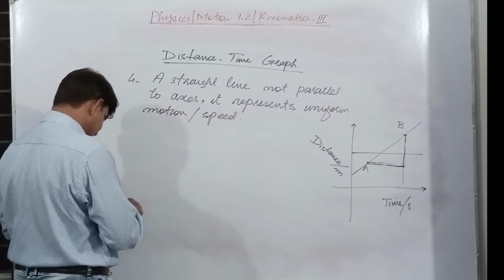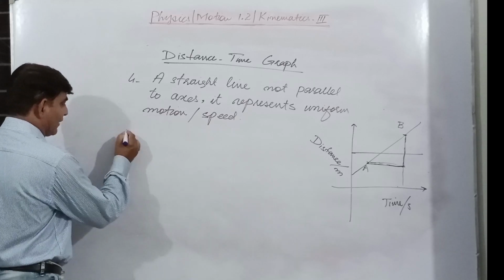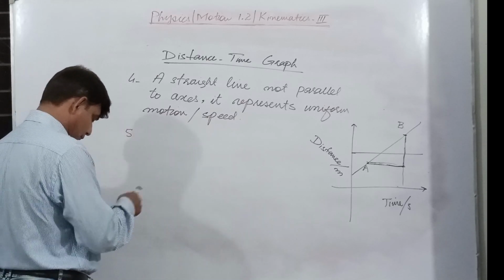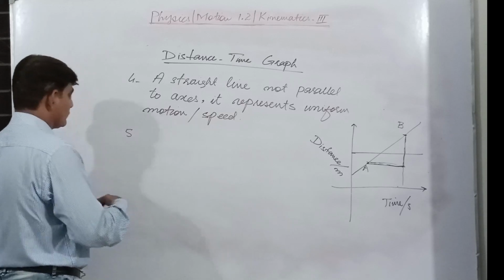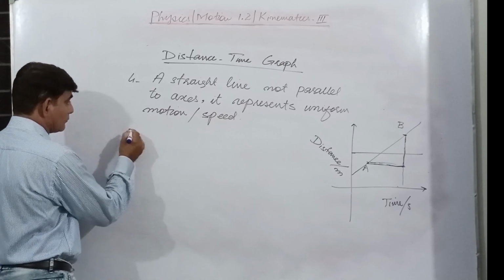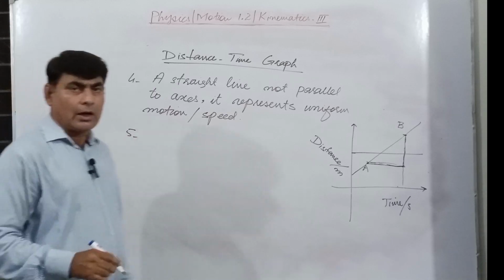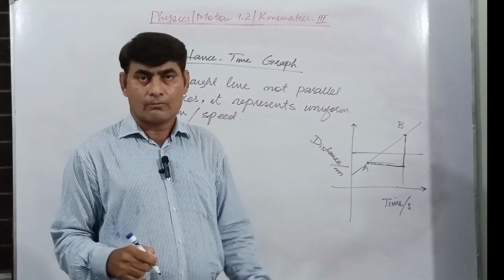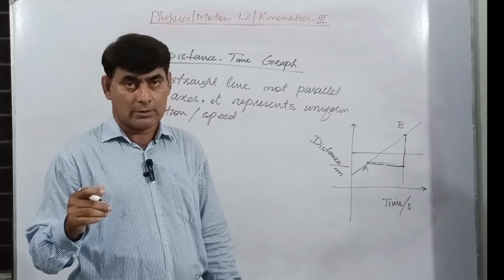The next point is number 5. If a line is not straight, it is a curved line.